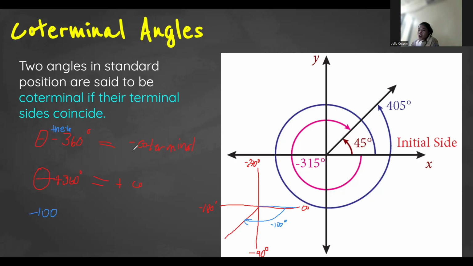To find the negative coterminal, negative 100 degrees minus 360 degrees equals negative 460 degrees. If you want the positive coterminal, negative 100 degrees plus 360 degrees equals 260 degrees.